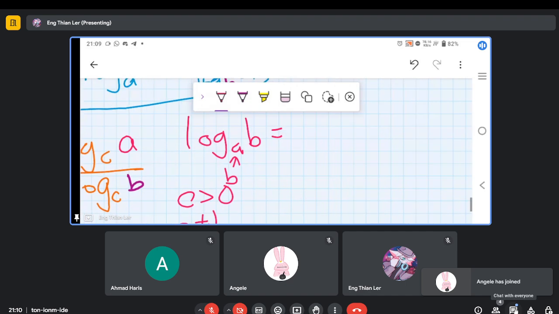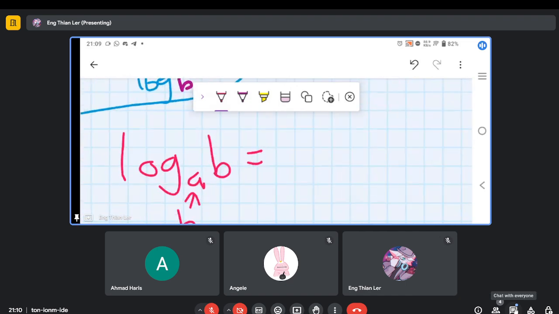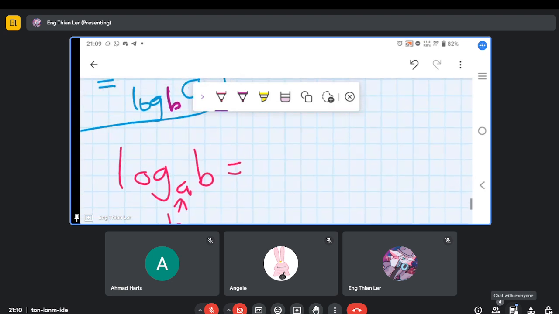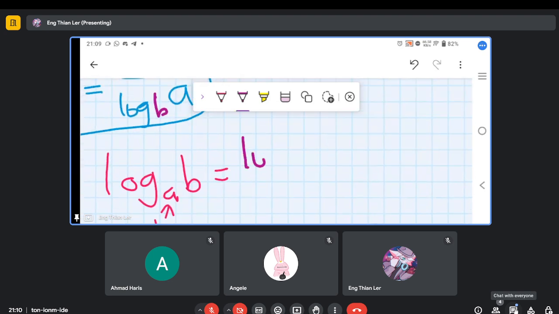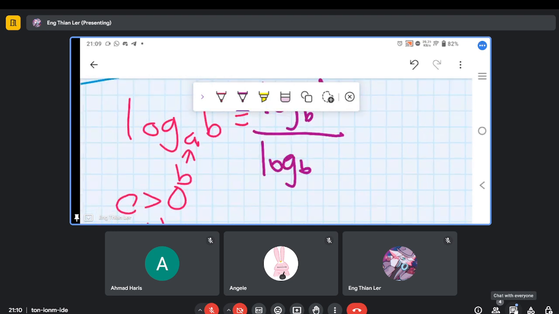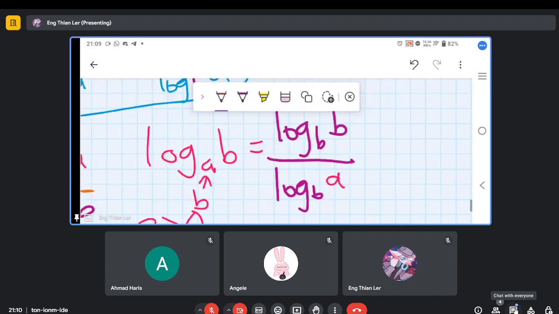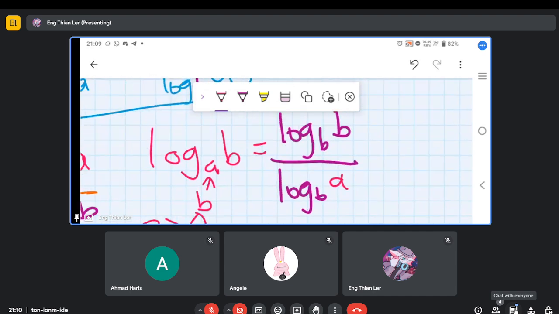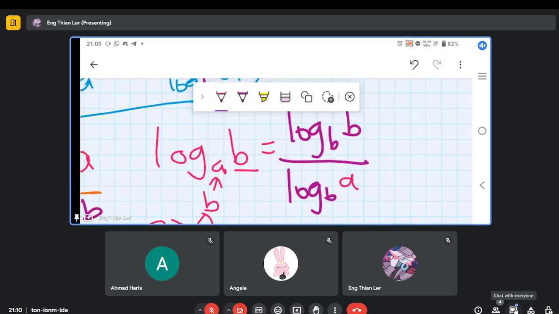Okay. So let's continue. So I'm going to change the base A to base B. So the formula is log A is log B base B over log B base A. Because our new base is B. And we're going to do this first, then divide by this.